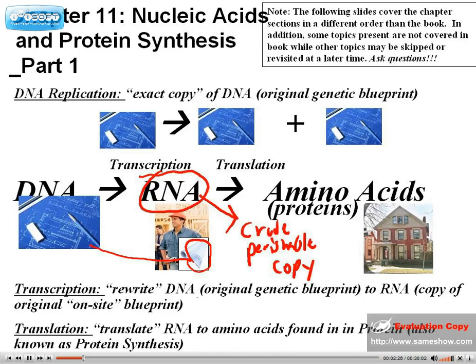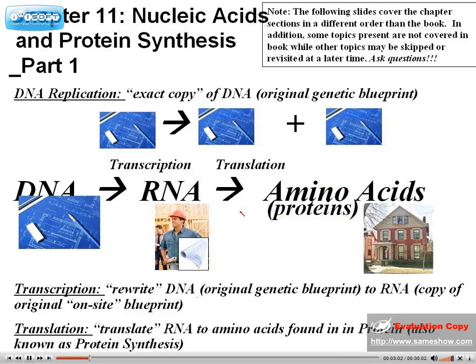RNA is the crude perishable copy, which the protein making tools within the cell then make proteins based on. Consequently, DNA would last the lifetime of a cell, whereas RNA only lasts about an hour. So as soon as it's done making its desired protein, eventually the RNA is broken down and recycled.